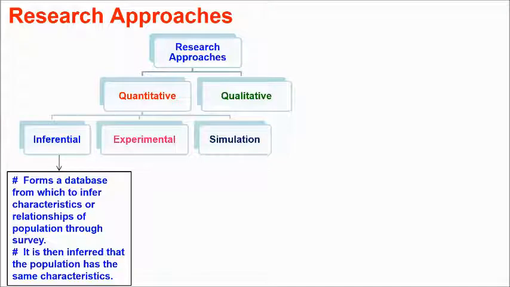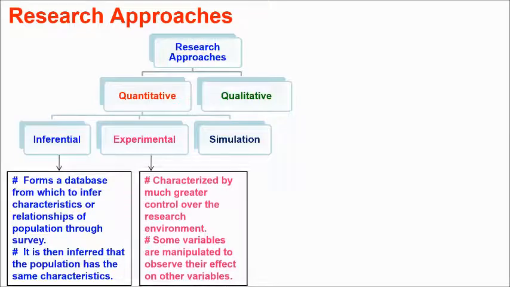Under inferential type of research, a database may be formed from which the characteristics or the relationships of population through survey could be inferred. It is then determining the population has the same characteristics. So this could be an inference.